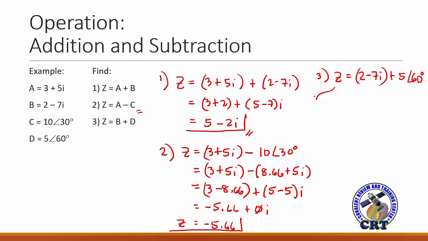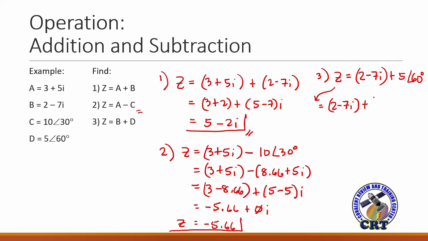So let me move my solution here. So this is 2 minus 7i. Convert 5 angle of 60 to rectangular. You just use any method, using the formula or the Rec function from your calculator.